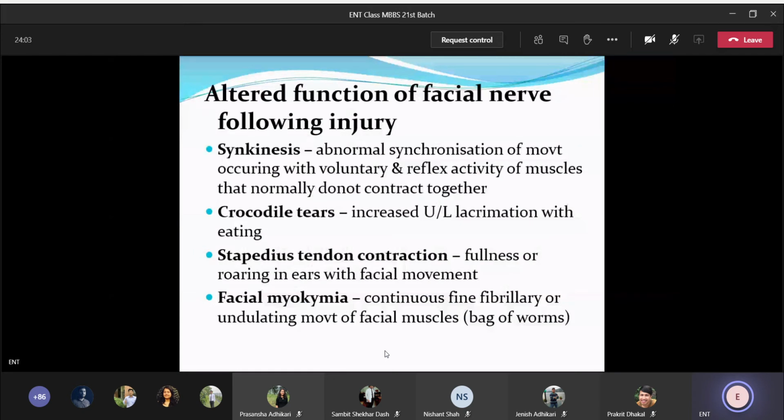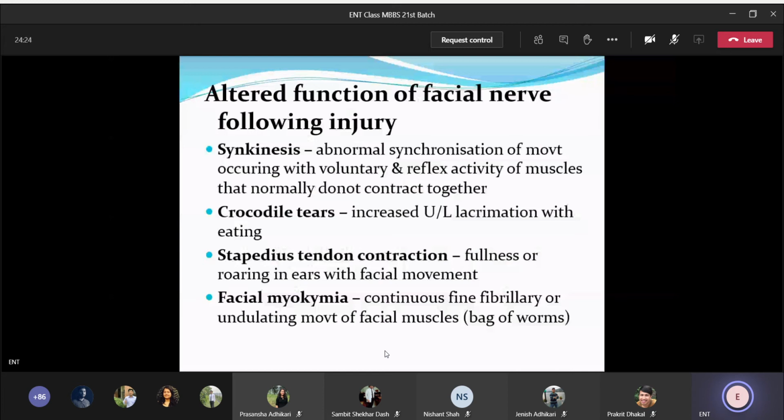When the face moves, the stapedius muscle also contracts, and that causes the roaring sound in the ear. Facial myokymia, continuous fine fibrillary or undulating movement of the facial muscle. There is a fine movement in the facial muscle.